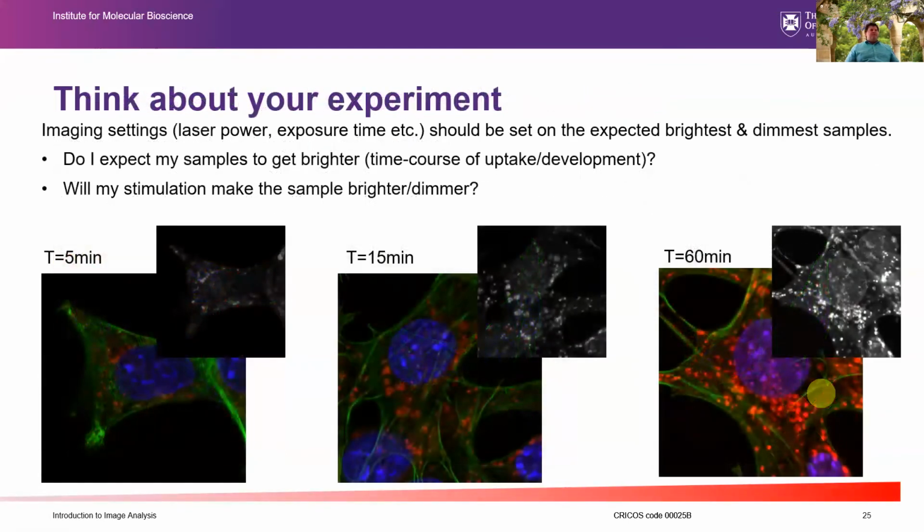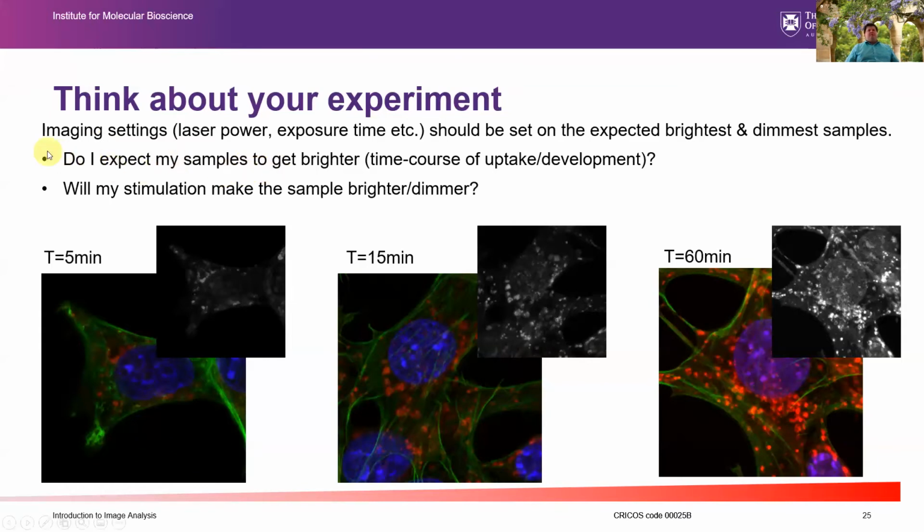And as I mentioned before, think about your experiment, not just the image that you're looking at, but where it sits in the context of things. So your imaging settings like laser power and exposure should all be set on the brightest and the dimmest samples. So not too low that you can't detect anything at time 0, but not too high that it saturates by time 0.5 and you've got 3 more after that that will get brighter.